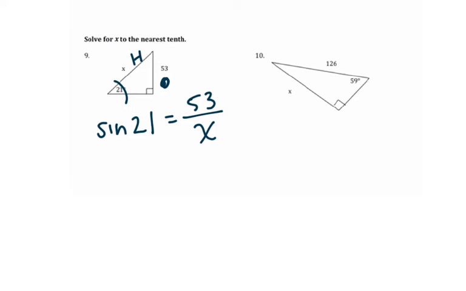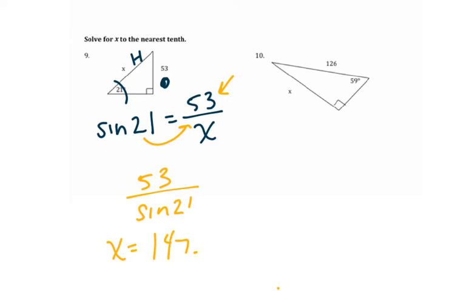This one's a little bit different because when there is a number on top, in the calculator that number gets to stay on the top and you just bring the sine underneath. So it's 53 divided by sine 21. And that's going to give you x equals 147.9.